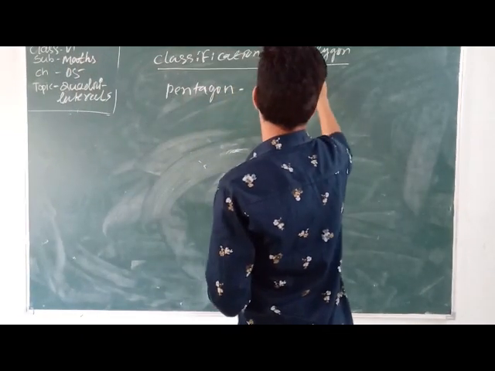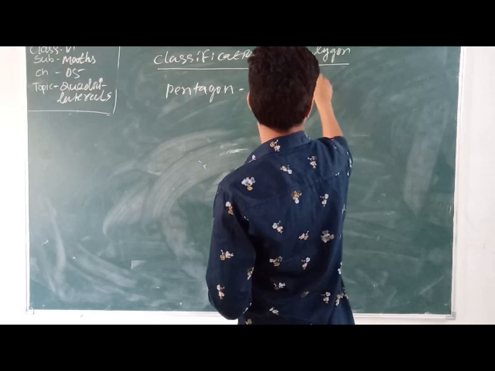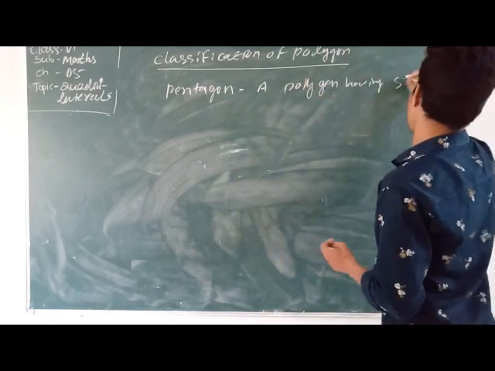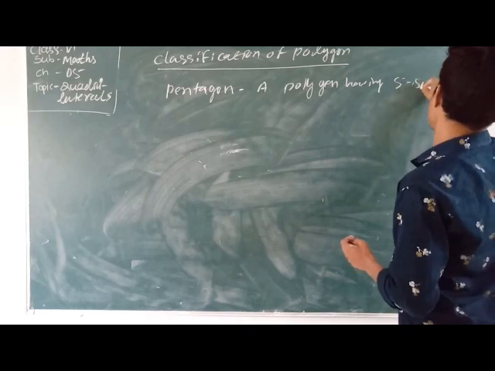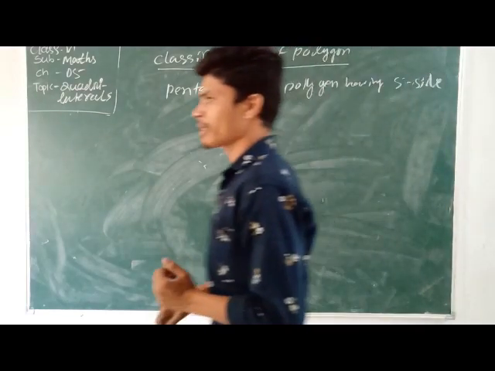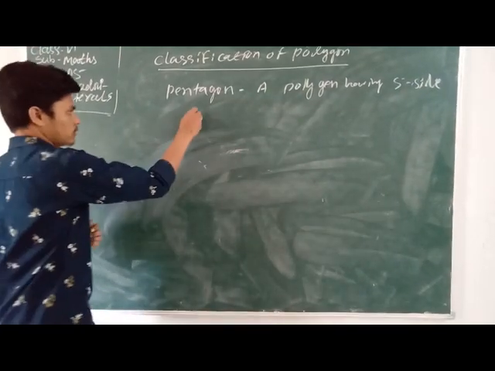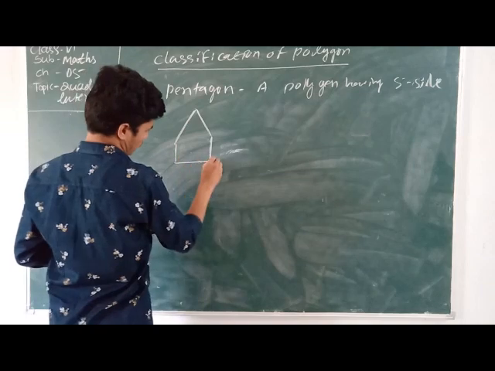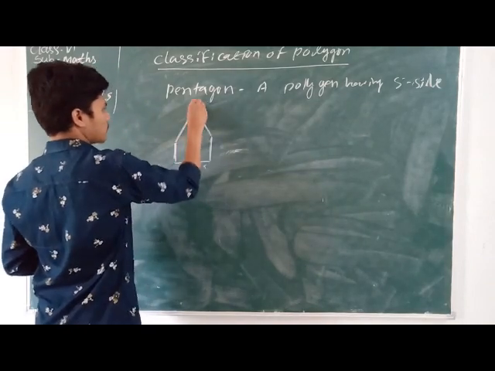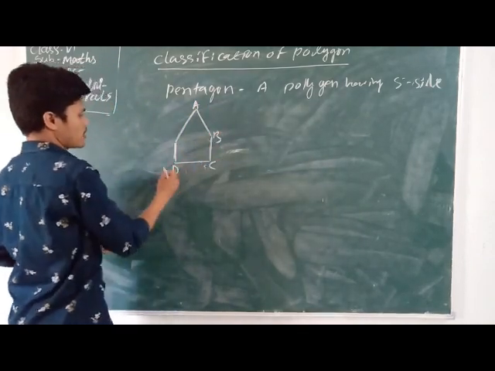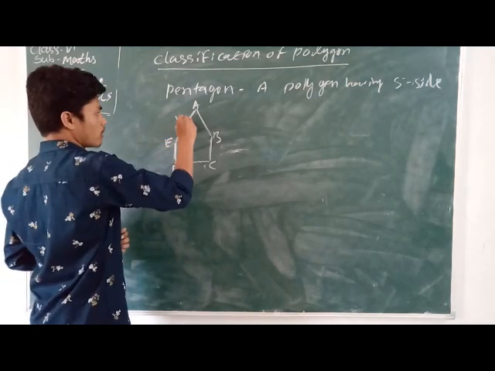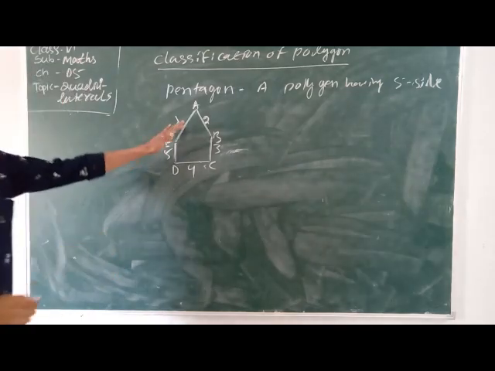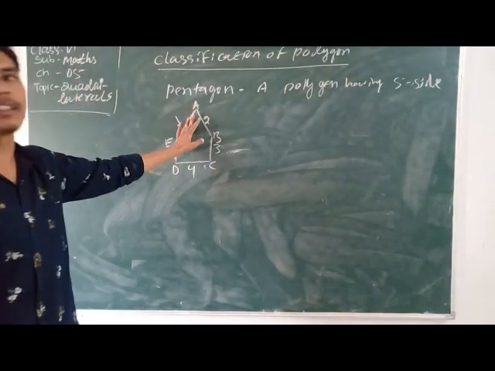A polygon having five sides. A polygon having five sides, then how will its figure be? How many sides are there? There, 1, then 2, then 3, then 4, 5. Five sides are there. Then a five-sided polygon is called what?